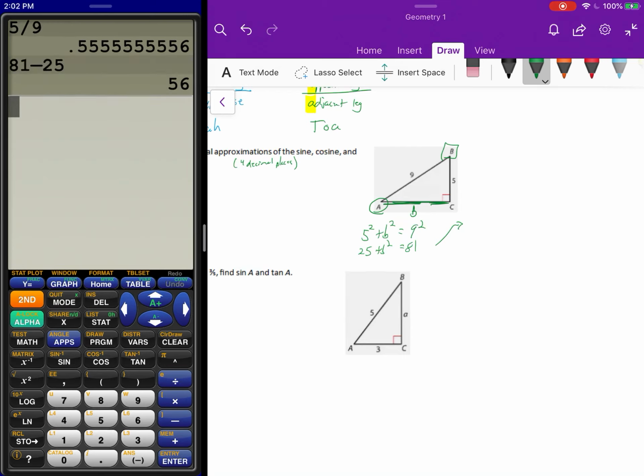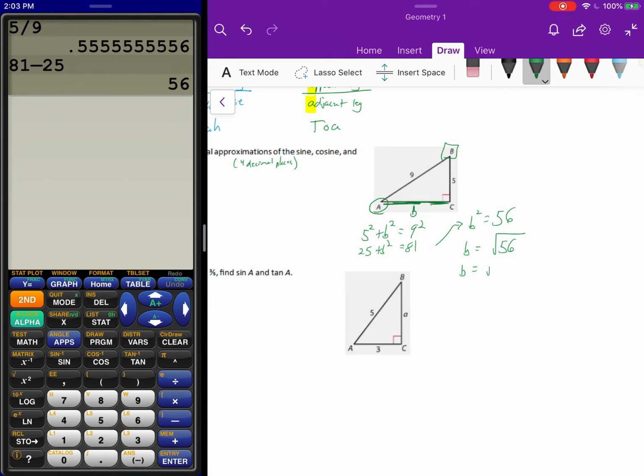Subtract 25 from both sides, so 81 minus 25 is 56. b squared equals 56. Take the square root of both sides. Normally we would put plus or minus, but this is a length, so it has to be positive.